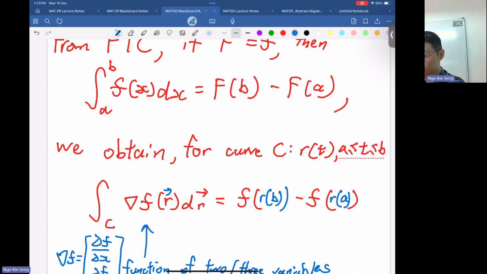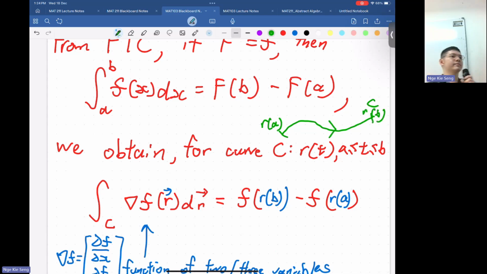So you should imagine this curve. Whenever we talk about this curve, you should imagine you have a curve like this. This is the curve C. It starts at r(a) and then stops at r(b), for example. There's the orientation. You want to do integration along this curve. In FTC, what's the curve you integrate over?